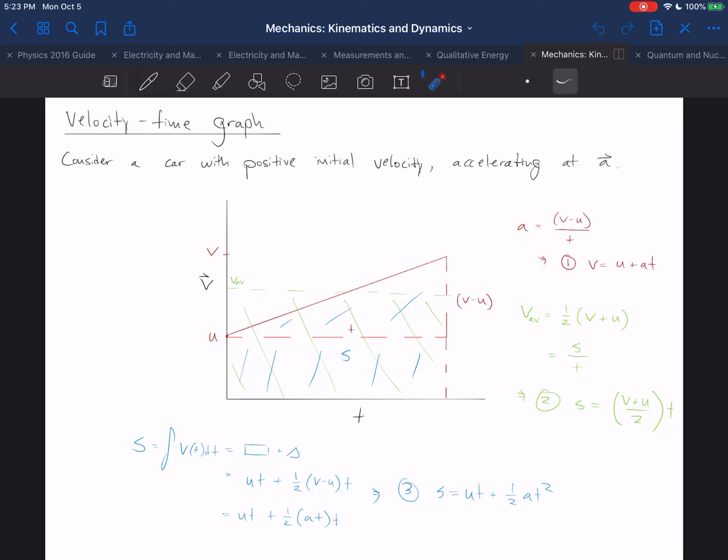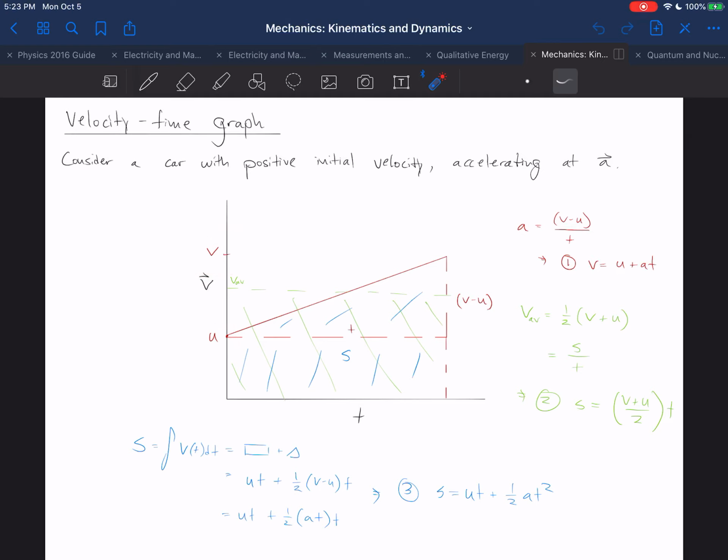And then finally, we can get one more equation by considering the same graph. The first thing to recognize is that imagine I split v minus u in exactly half. That quantity is known as the average velocity over that time interval. Notice it is only the average velocity in this time interval because the acceleration is constant. So the average velocity is going to be halfway between v and u.